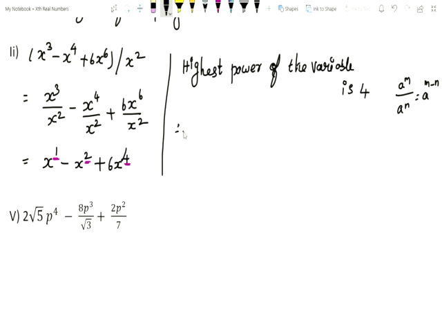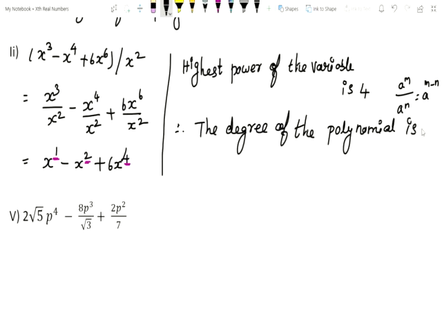Therefore, the degree of the polynomial is 4. You understand, children?